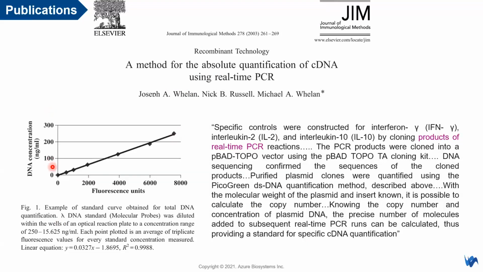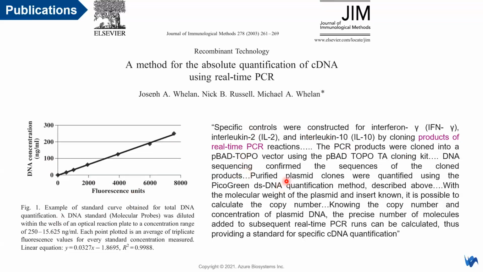The reason they use lambda is that the unknown sample they use involved a series of cloning steps. They cloned the product of the qPCR, and then verified it using DNA sequencing to confirm the sequence of the cloned product.